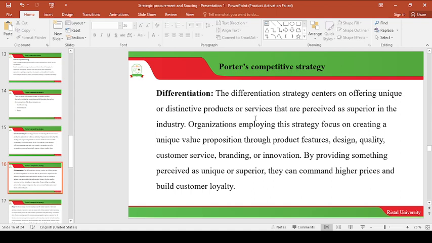For example, here, in the case of South Sudan, you see someone holding an Apple product, and it is perceived in this market of South Sudan to be a very superior product for use.